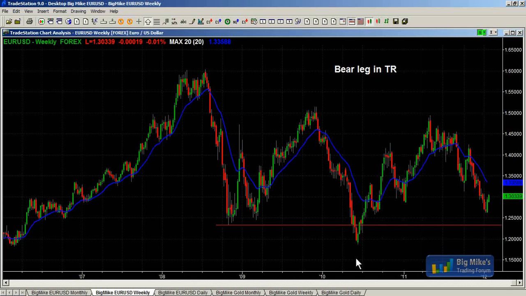That's not the way markets work. When the market's in a trading range, it has very strong bear spikes that look like there's going to be a big breakout. But most of the time, the breakout fails and the market reverses. It has very strong rallies, like over here, and everyone thinks that the market's going to break out to the upside. But that's not how trading ranges work.